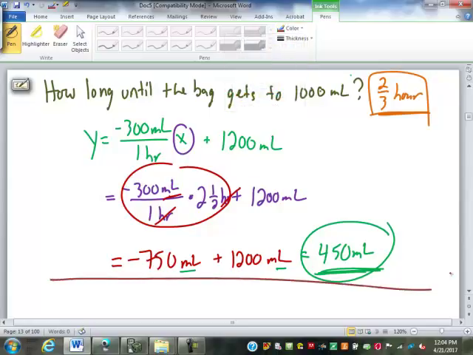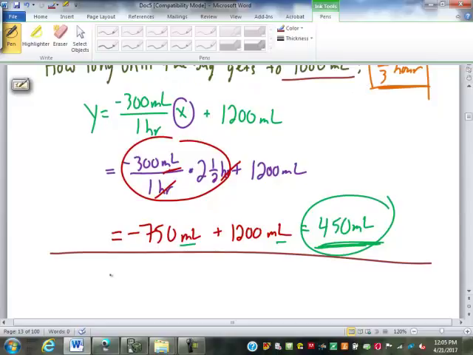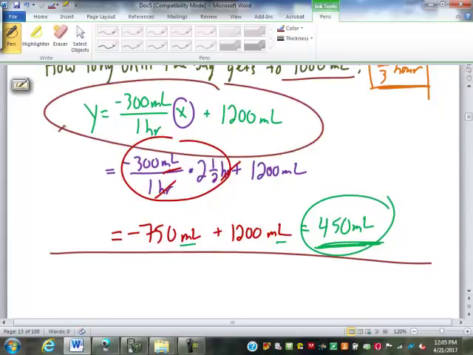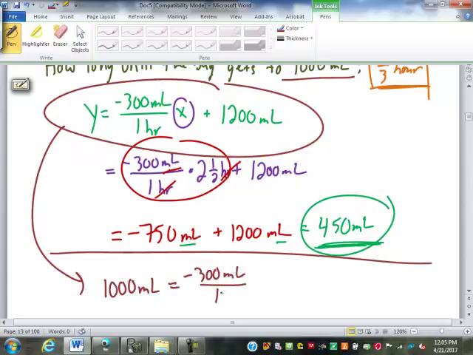The second question: how long until the bag gets to 1,000 milliliters? Using the same equation, only this time we're putting in the volume, which will be y. So 1,000 milliliters goes in for y, equals negative 300 milliliters per hour times x plus 1,200 milliliters.